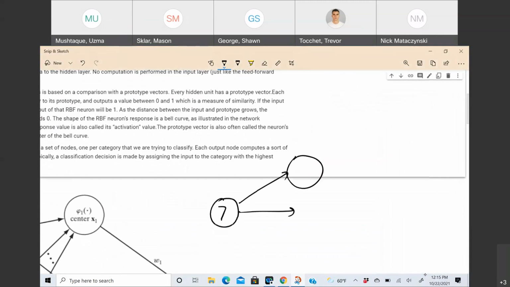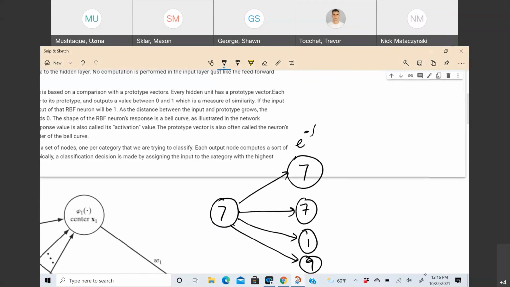That prototype vector usually has come from my training set. So let's say I have this as a prototype vector, this as a prototype vector, and maybe also a 1 and a 9, because they look pretty similar to my 7.